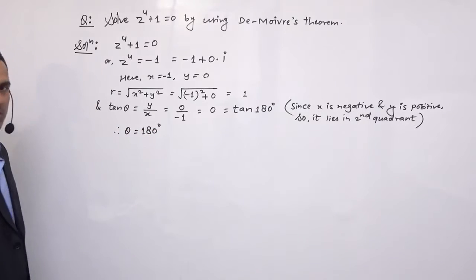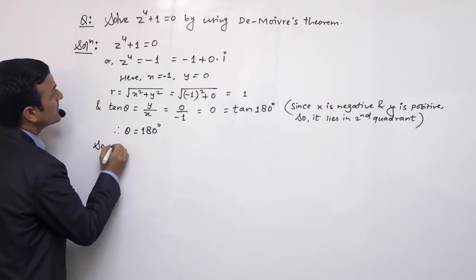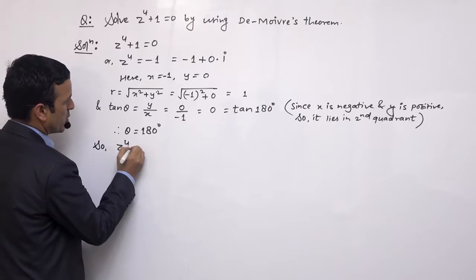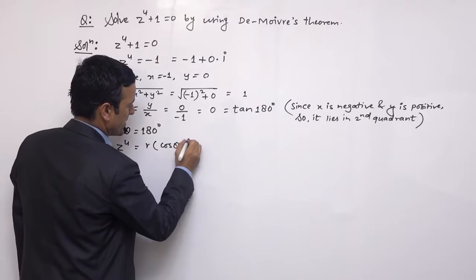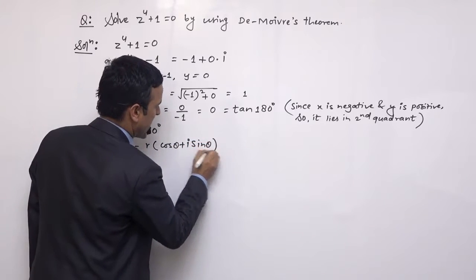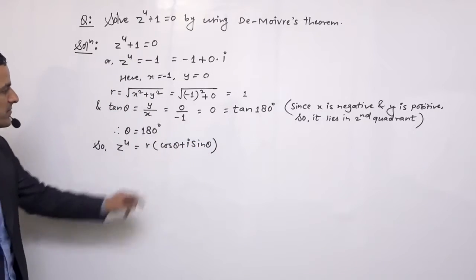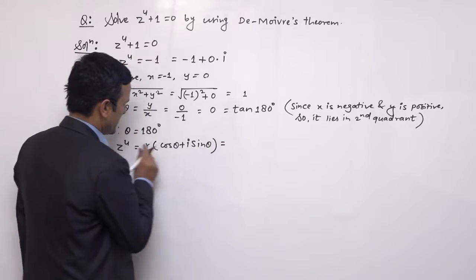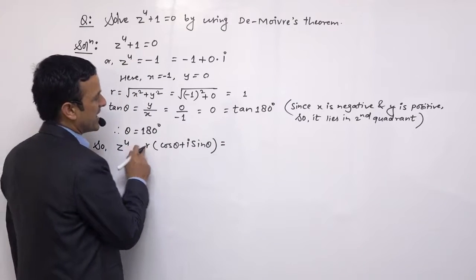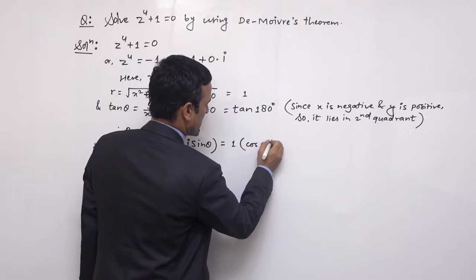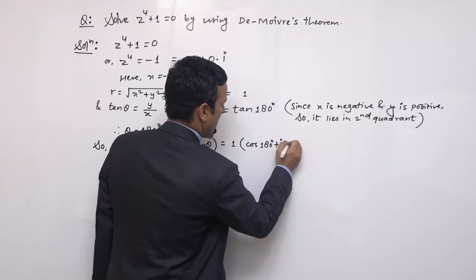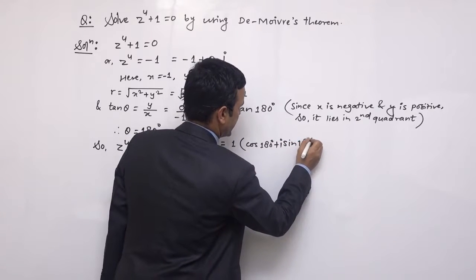The required angle is this one. Now z power 4 is equal to r times cos theta plus i sin theta. This is the polar form. If you substitute the value of r, we get 1 times cos 180 plus i sin 180.